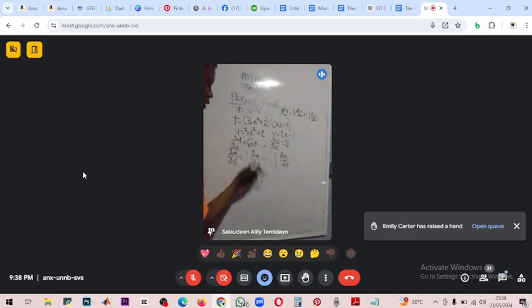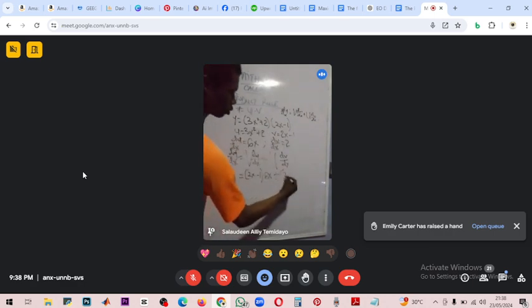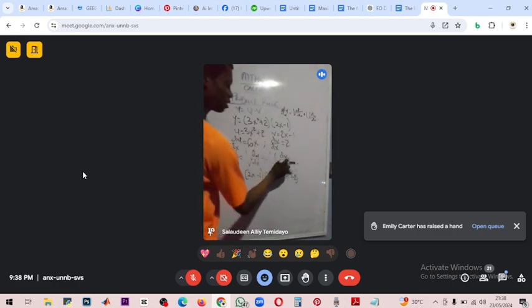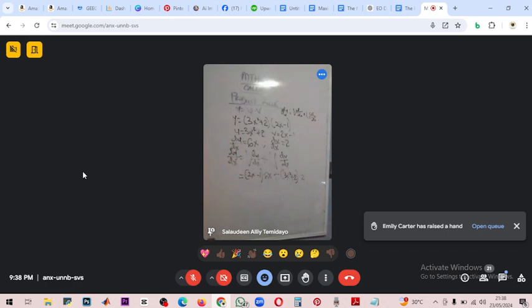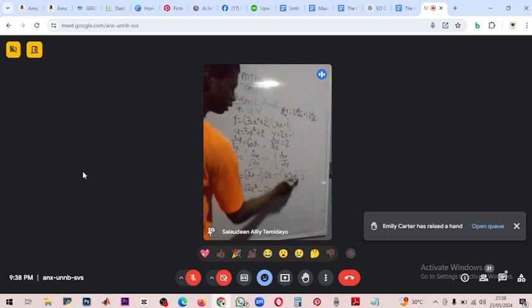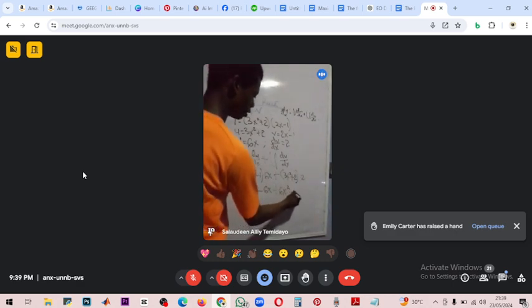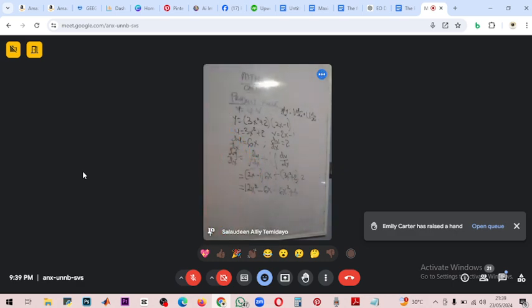So (2x minus 1) times du/dx, which is 6x, plus u, which is 3x squared plus 2, times dv/dx, which is 2. So this gives us 2x times 6x, that is 12x squared minus 6x, plus 2 times 3x squared, 6x squared plus 4.